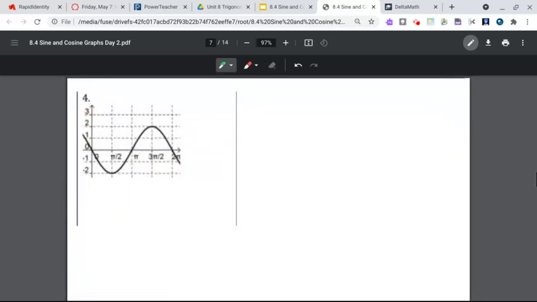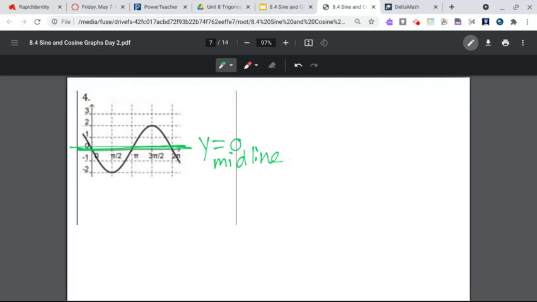Okay, next graph. Immediately, I'm going to recognize that it reaches as high as 2 and as low as -2, so its midline is here, y equals 0. Because it reaches as high as 2 and as low as -2, its amplitude is 2. We talked yesterday that sine functions start at their midline, and we can see it starts at its midline.